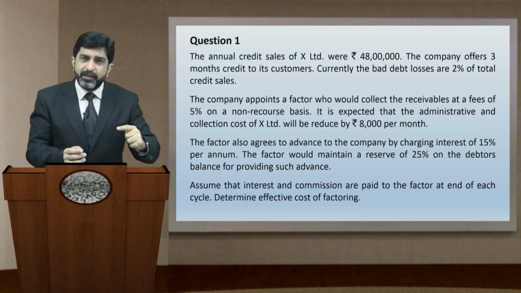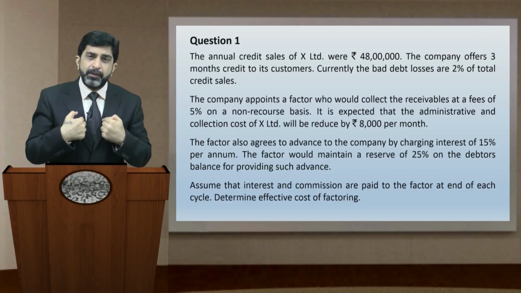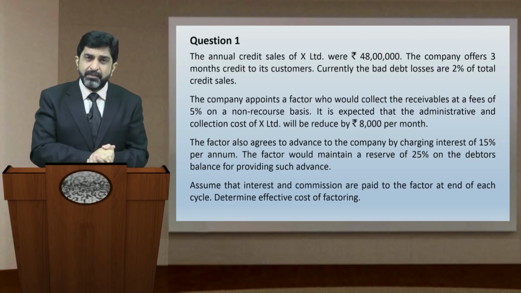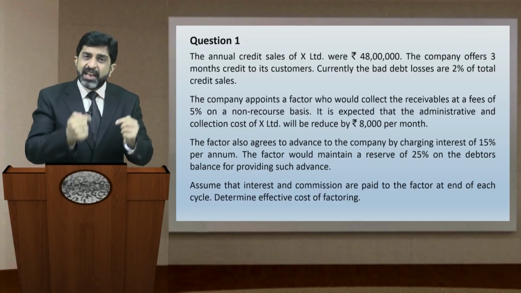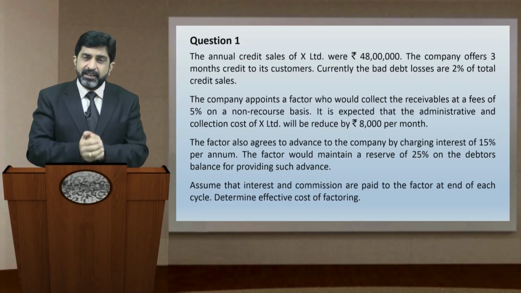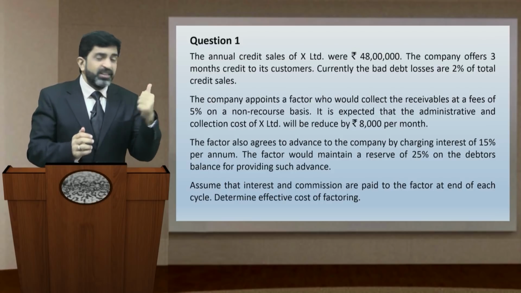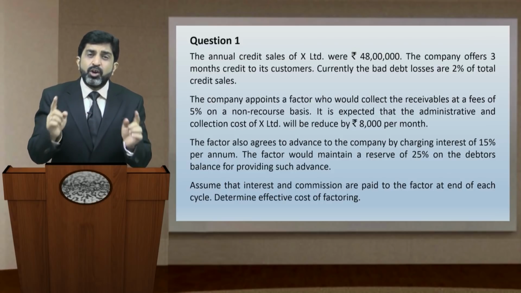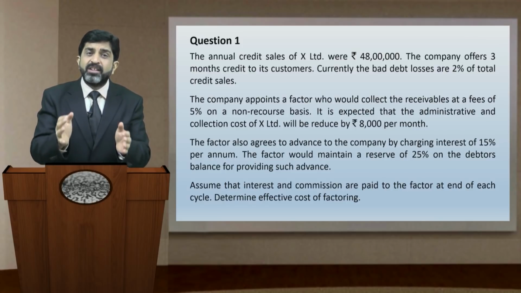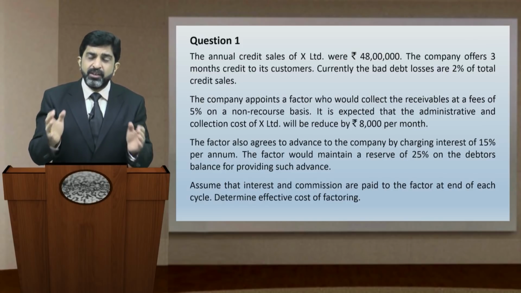On this advance, the factor will charge me interest at the rate of 15% per annum, and for the collection effort, the factor is going to separately charge a fee. Now, in the question, the factoring is on a non-recourse basis. Some time back I explained the meaning of non-recourse basis.